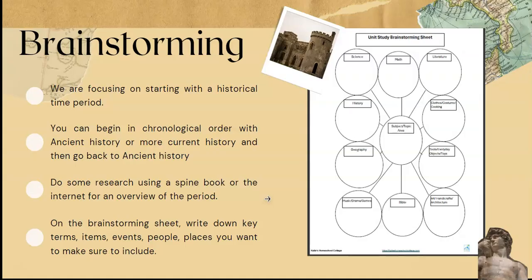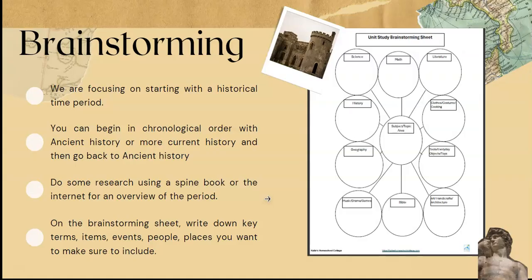The one that is very popular would be The Story of the World, and it's told in chapters and story format. Also, take a look at the internet and get some ideas of maybe some important events, people, places, discoveries, explorations that were done during that time period, and that will really get the ball rolling.